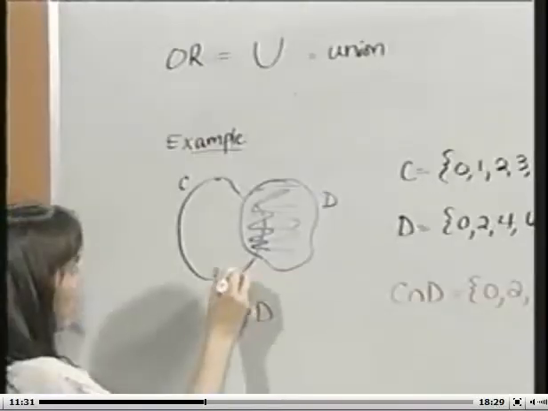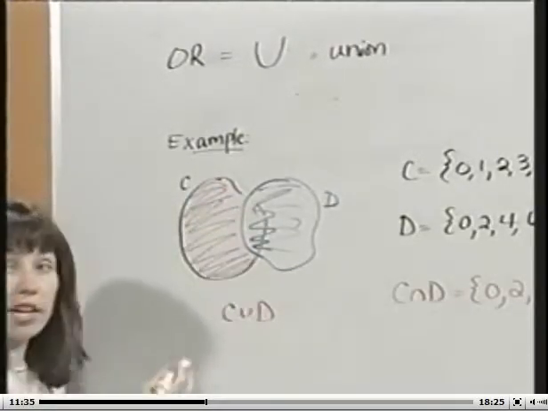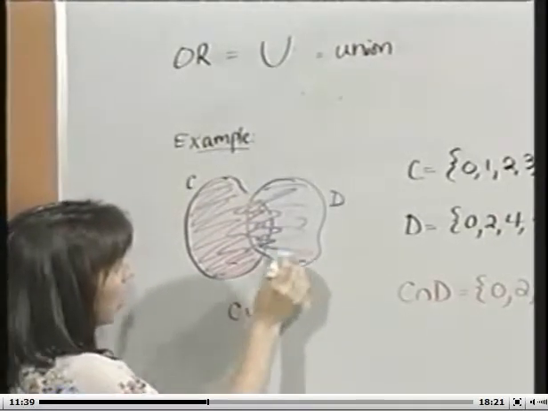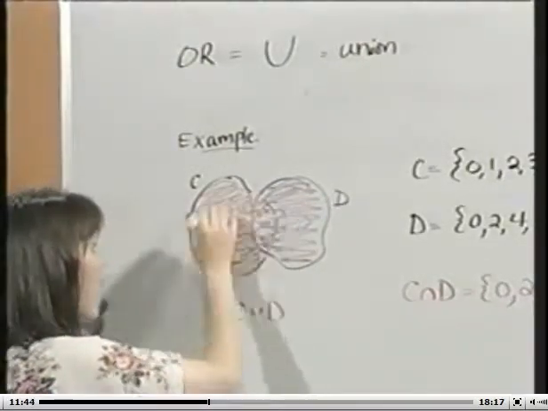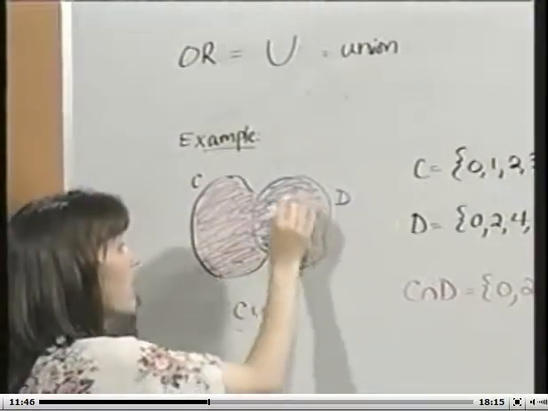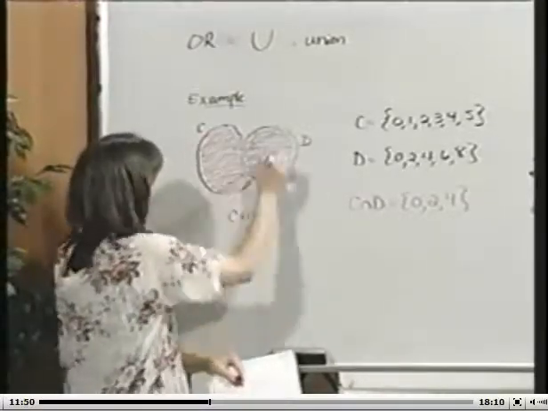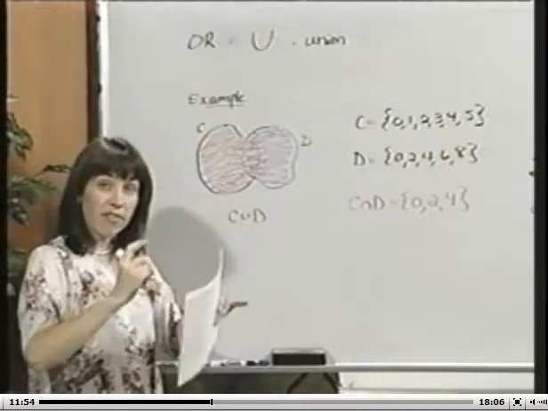So everything here is in C. So that'll work. Everything in C works. And everything in D also works. The union just consists of everybody in both of the sets. Has to be in at least one of them, so it's everything in both the sets. The union is the whole picture in this case, if we're looking at a Venn diagram.